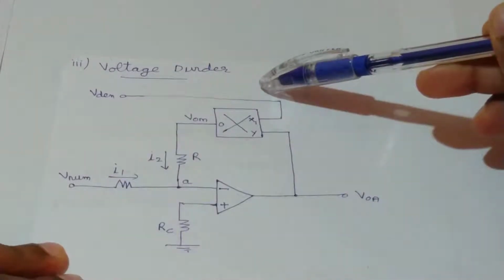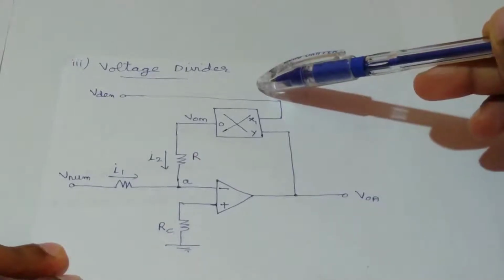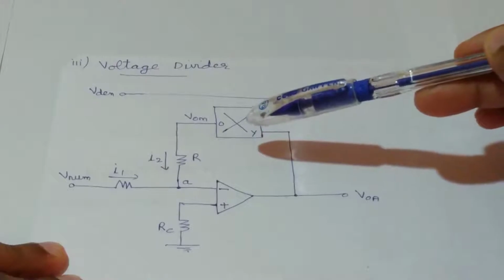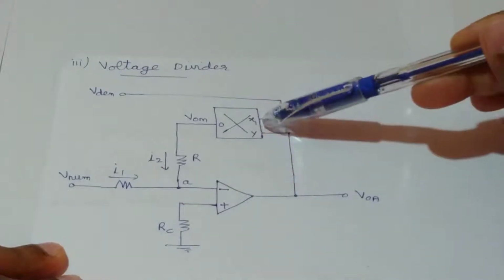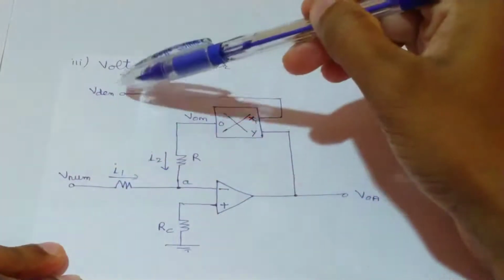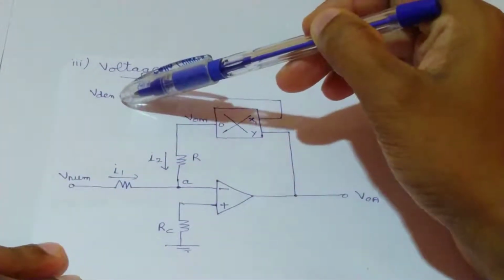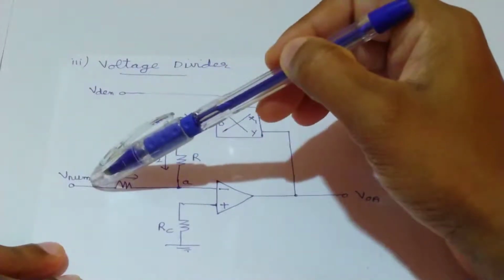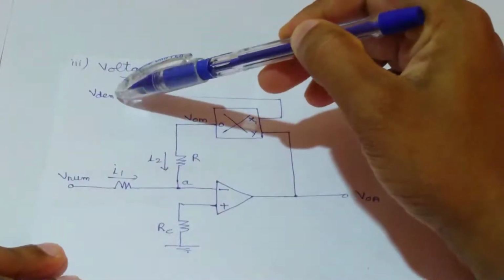We know a voltage divider circuit produces the ratio of 2 input signals. This is the circuit diagram to obtain a voltage divider circuit by using a multiplier and an op-amp. Here V numerator and V denominator represent our input signals. V numerator comes at the numerator and V denominator comes at the denominator.